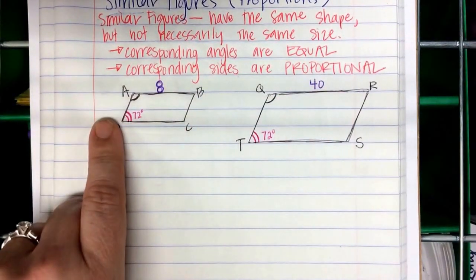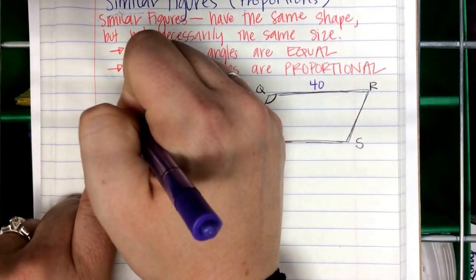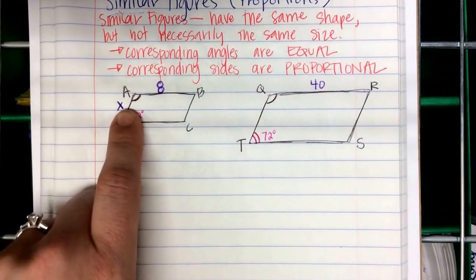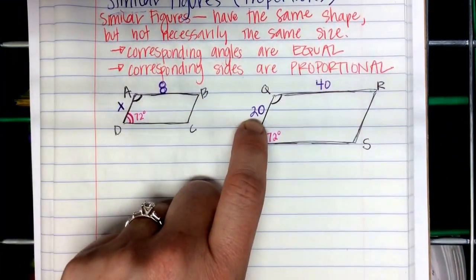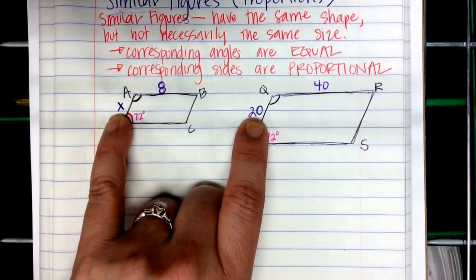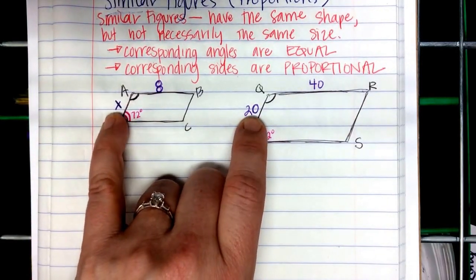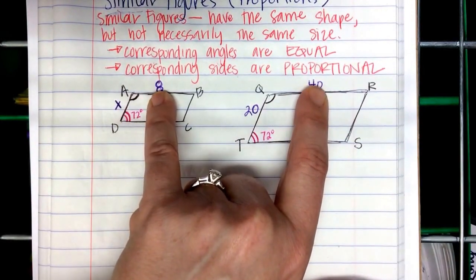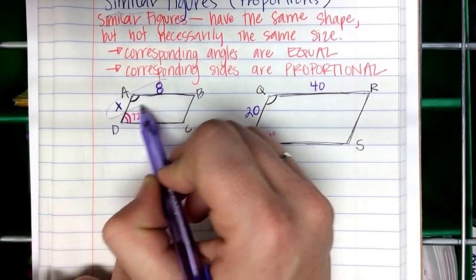So that means I have to multiply this side by something to get 20. These are proportional, and these are proportional. They're not equal, they're proportional. So remember, we've done this before. Let's take and make a fraction.